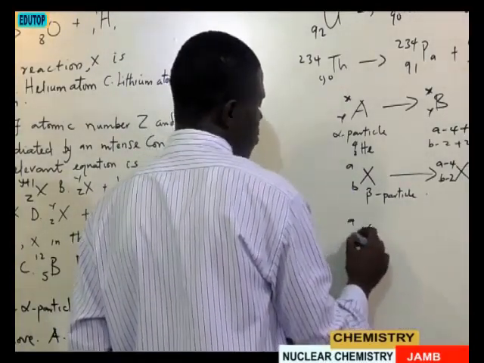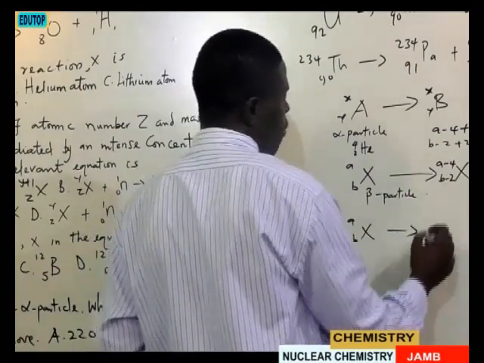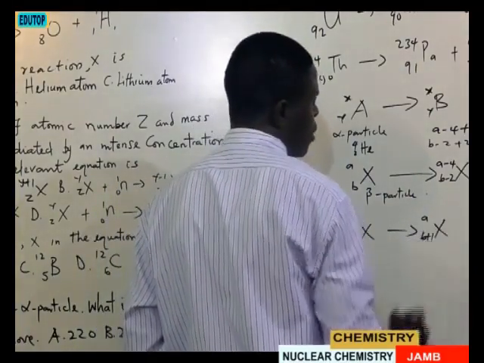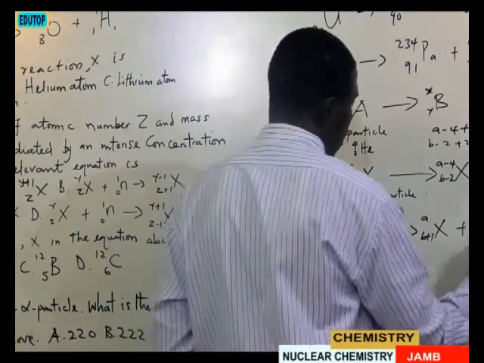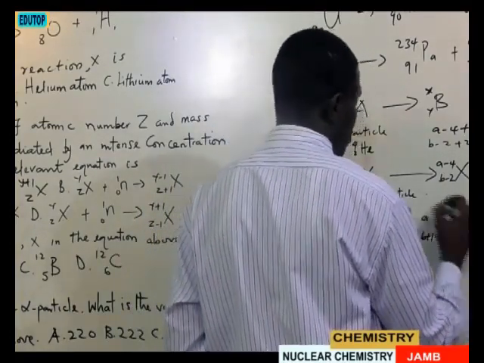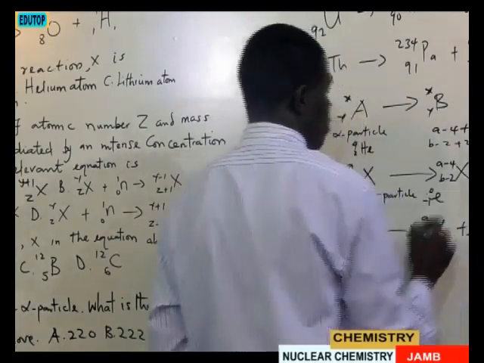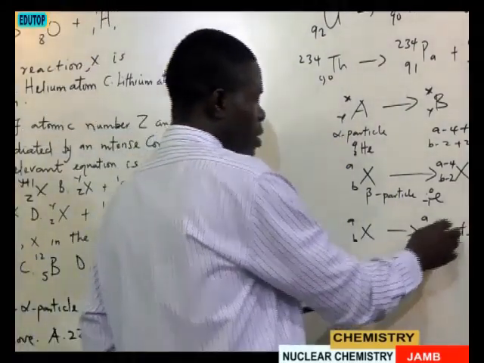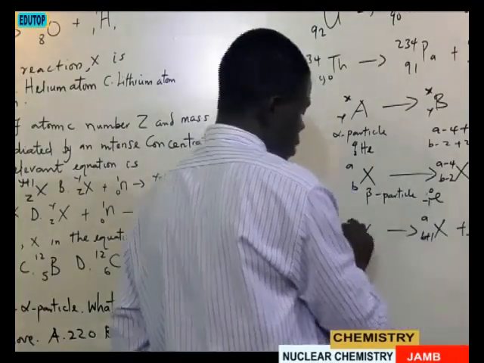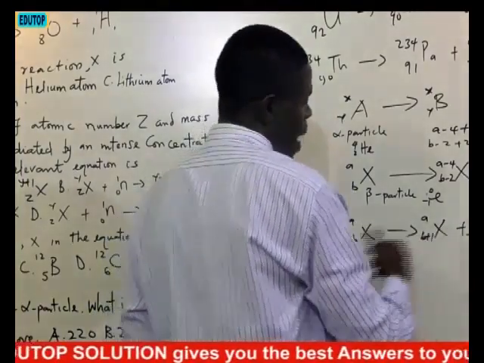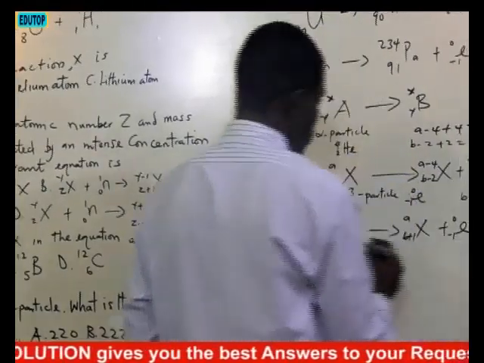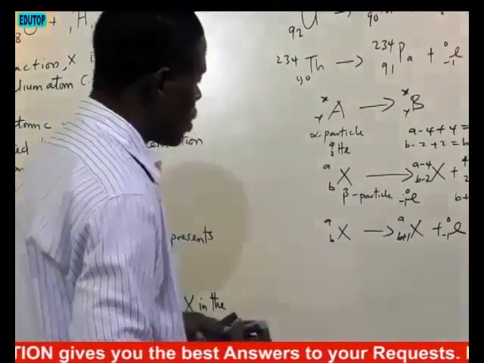So in this situation, we have X with mass number A, and the atomic number will increase by 1, plus our beta, because our beta is electron. So you can see now, A plus 0, A is the same. B plus 1 minus 1, that's definitely B. So they are also the same.